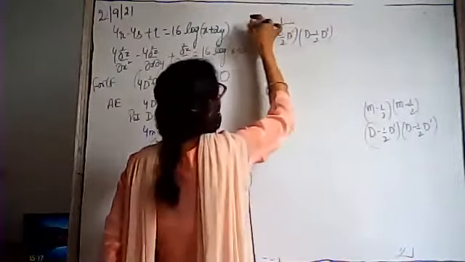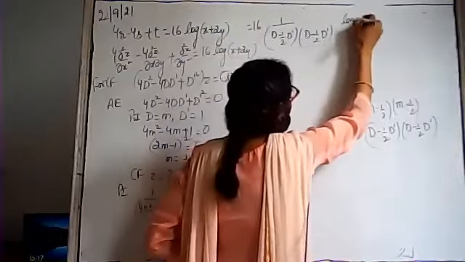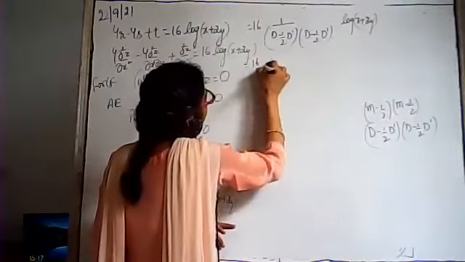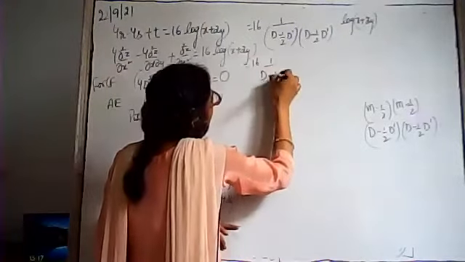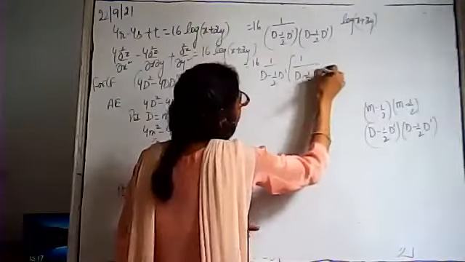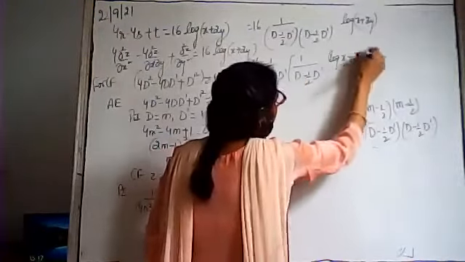It can be written outside the function, into log of x plus 2y. So first of all, take one function: this is 1 upon (D minus 1 by 2 D dash) into log of x plus 2y.